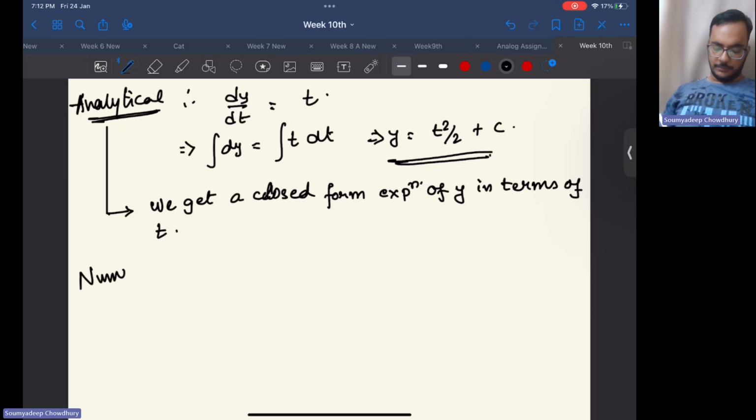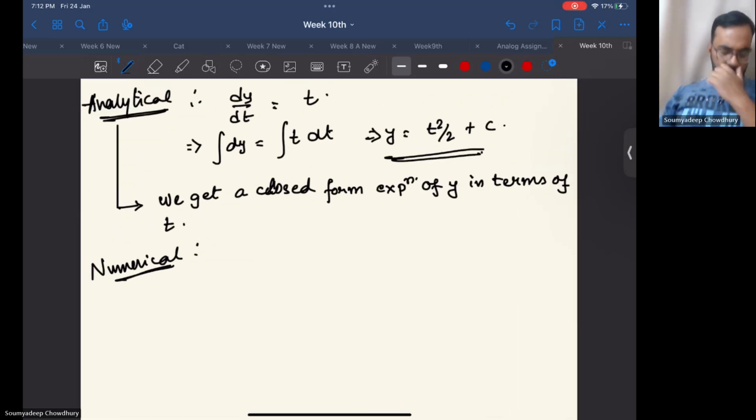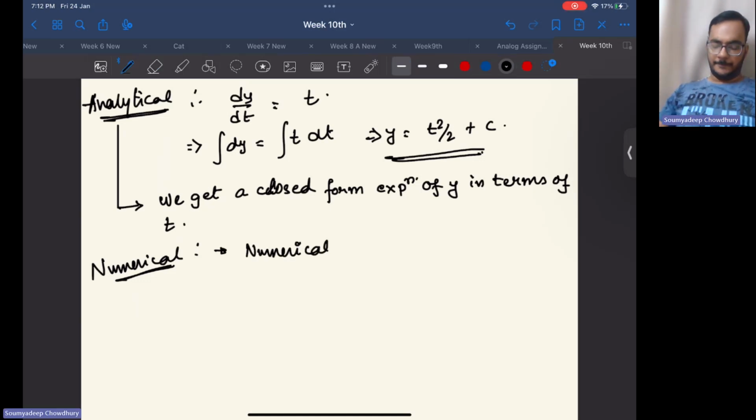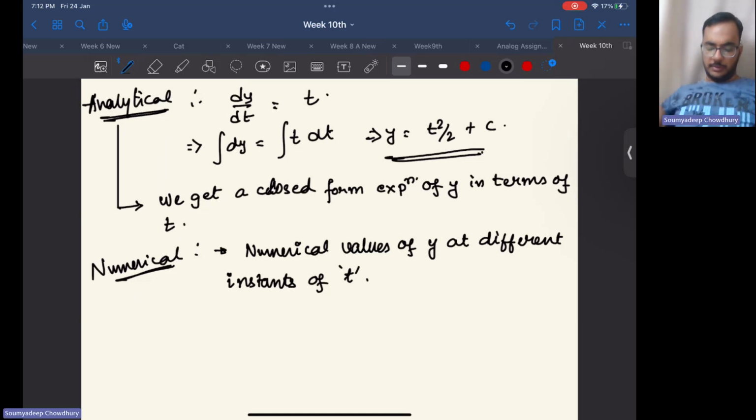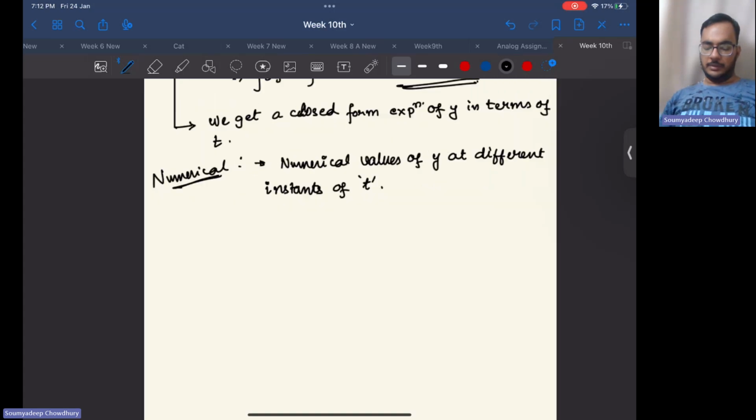However, in numerical methods, we get numerical values of y at different instants of t. So this is the basic difference. Now we'll see how we can solve it numerically.